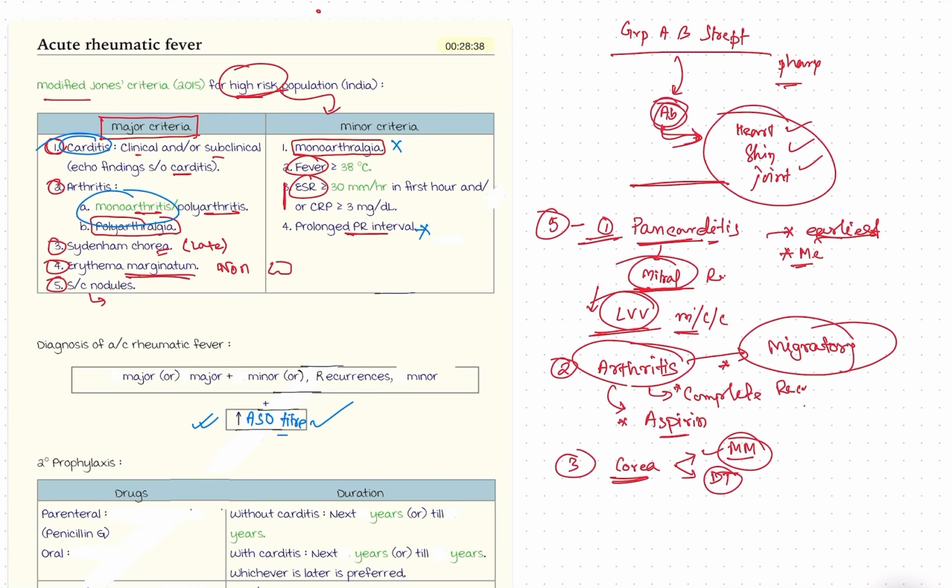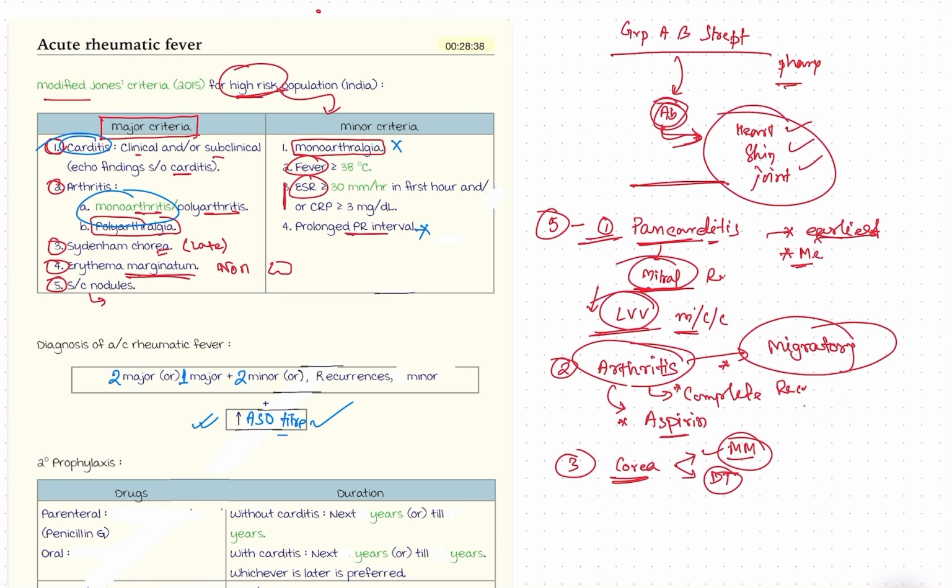So the patient will give a history of preceding sore throat, and there will be increased ASO titer in the background, and then you will be assessing the major and minor criteria. Presence of two major criteria alone, or one major criterion with two minor criteria, makes the diagnosis of fresh acute rheumatic fever.